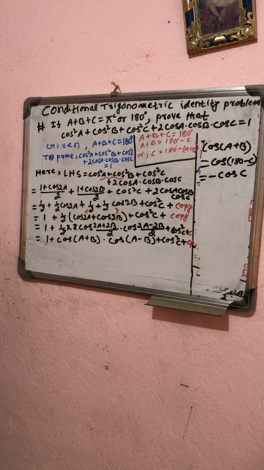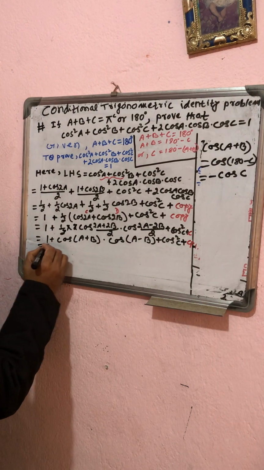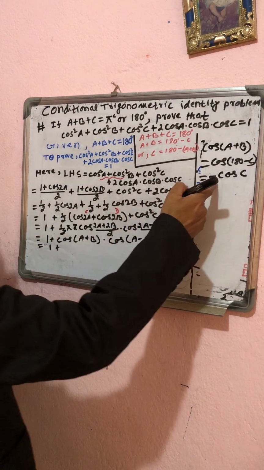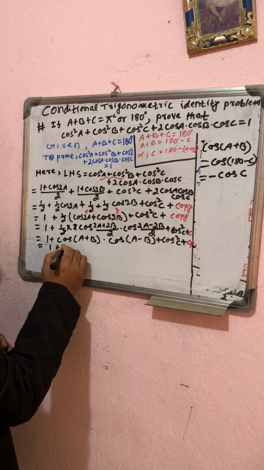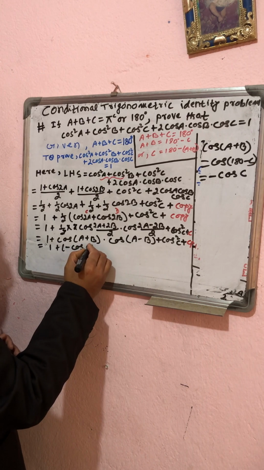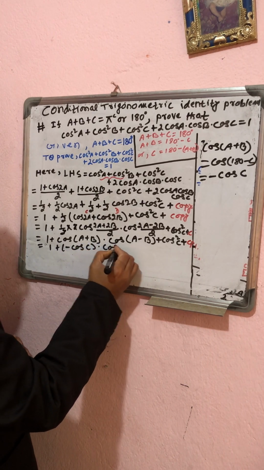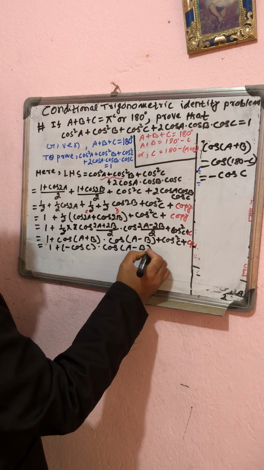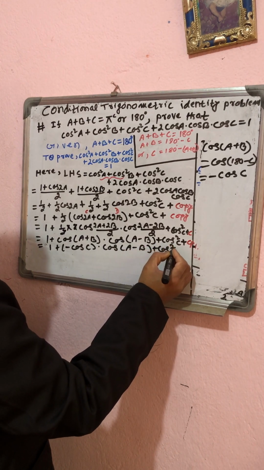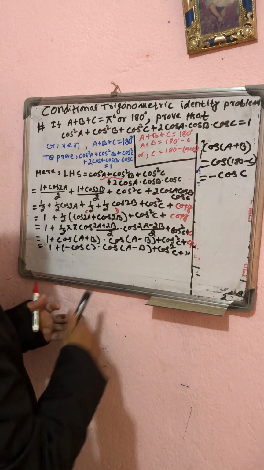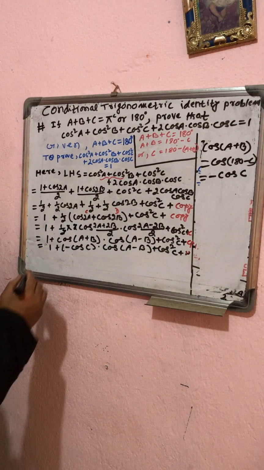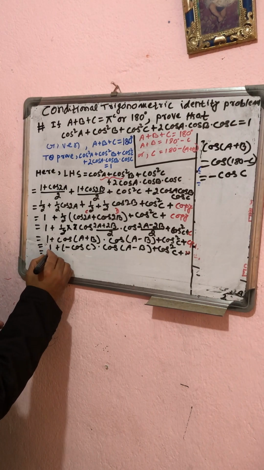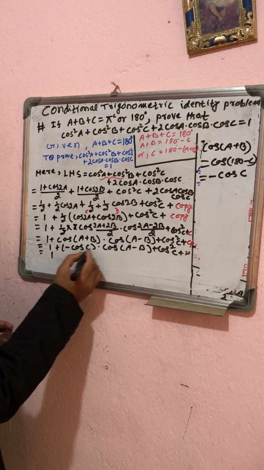So what you can write in place of cos(A+B) is, if you go ahead, 1 plus negative cos C, and then you are left with the term cos(A-B), and then plus you still have cos square C, and you keep copying this term. Now you take minus cos C common.